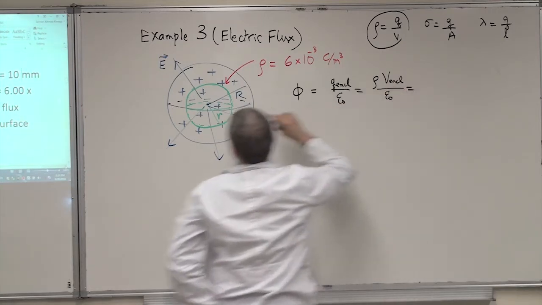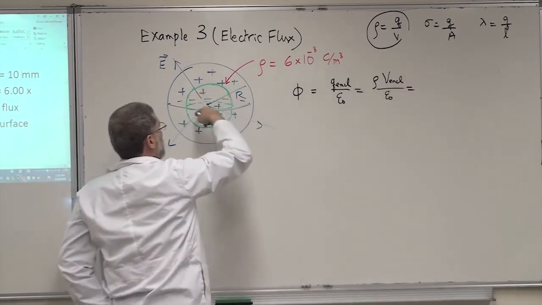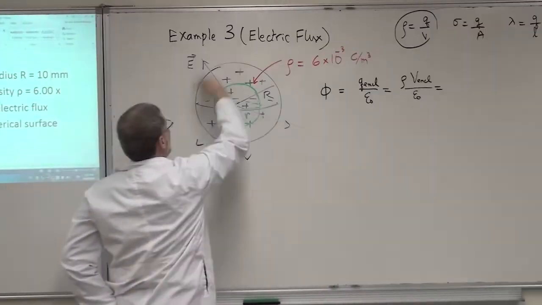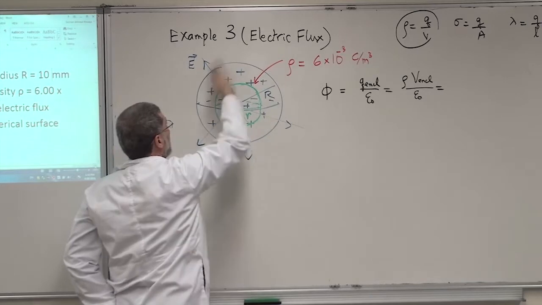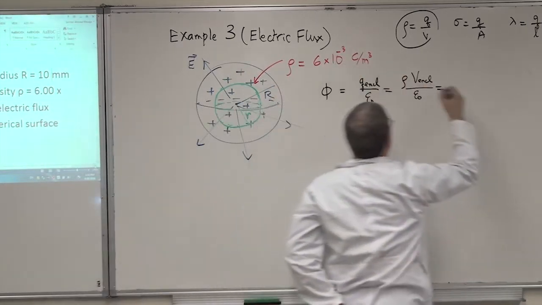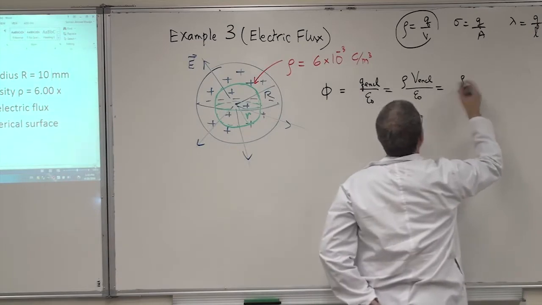Enclosed by what? Enclosed by this green surface, which has a radius of 5 millimeter. It is inside the big surface, the big sphere, which has a charge density rho, okay? So this rho is given to you, right? What is that volume?